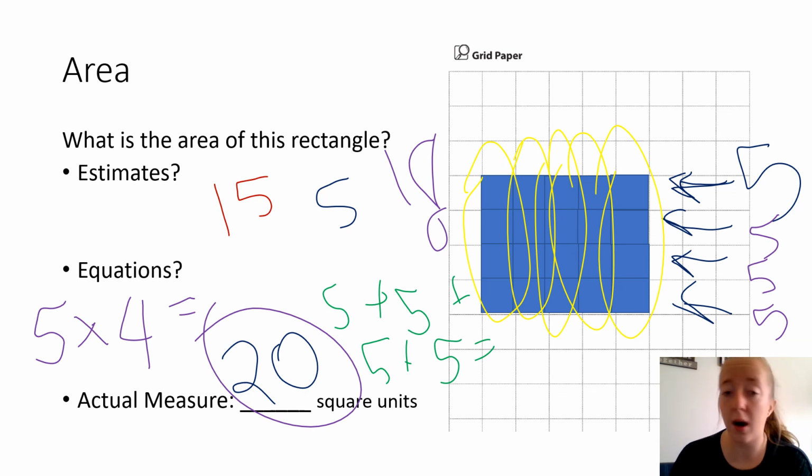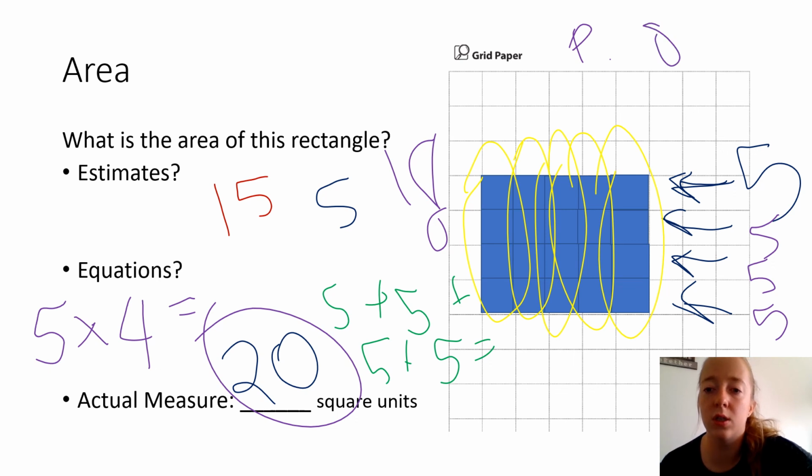You can draw this shape on your grid paper on page 87, and then underneath, or wherever you have space, you can write down an equation to go with your strategy that got you the area. Okay, I feel like I just spoke a lot of words, so I'm going to stop while I'm ahead.